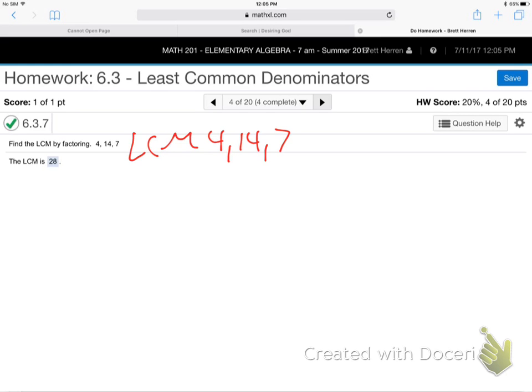So let's find the LCM for those 3. I want to give this little box thing a try. So put the 4 and the 14 and the 7 in an L box for LCM or LCD.